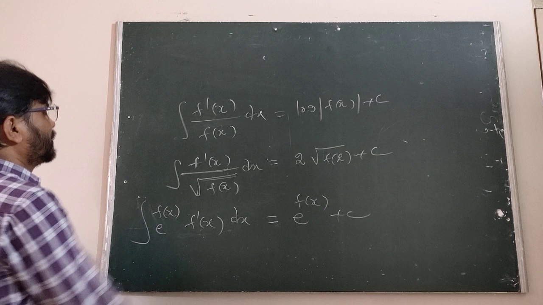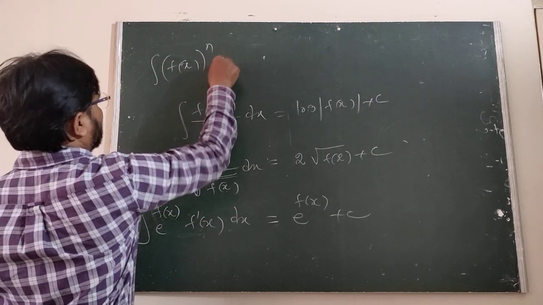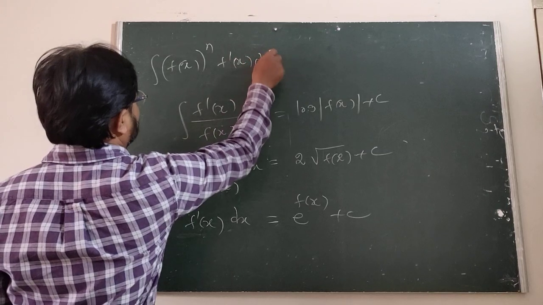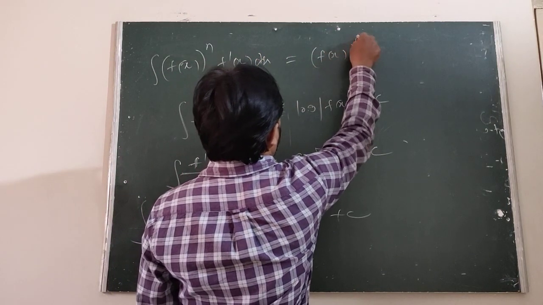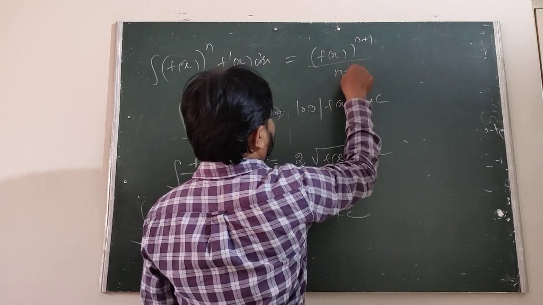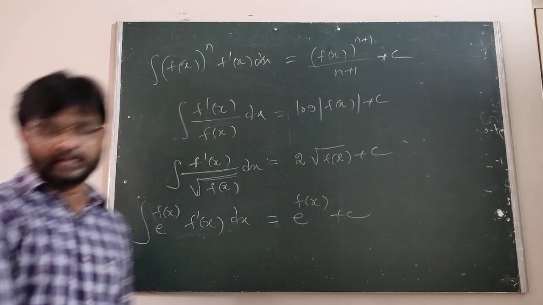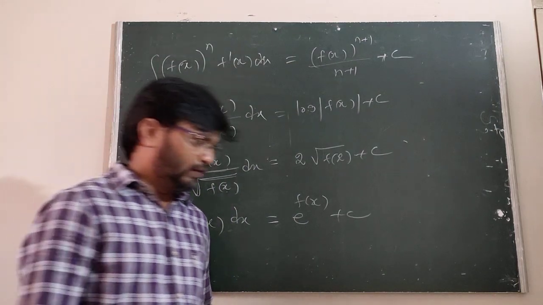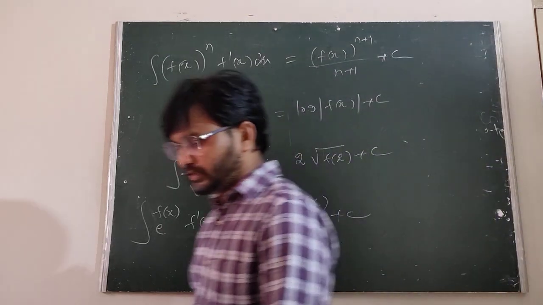Then finally the integral of f of x whole power n into f dash of x dx is f of x whole power n plus 1 upon n plus 1 plus c. These are the four standard integrals we discussed yesterday.